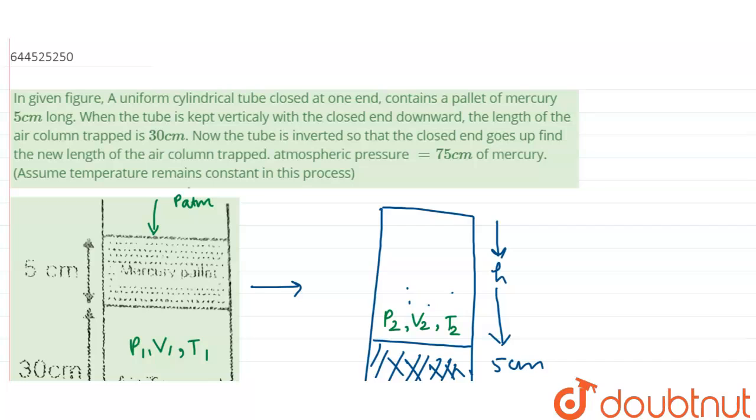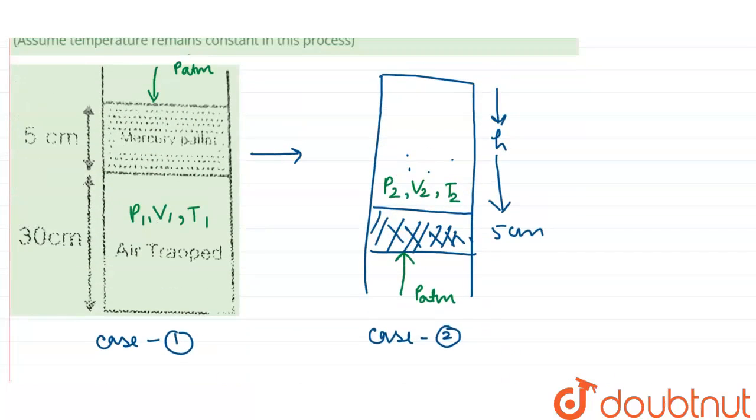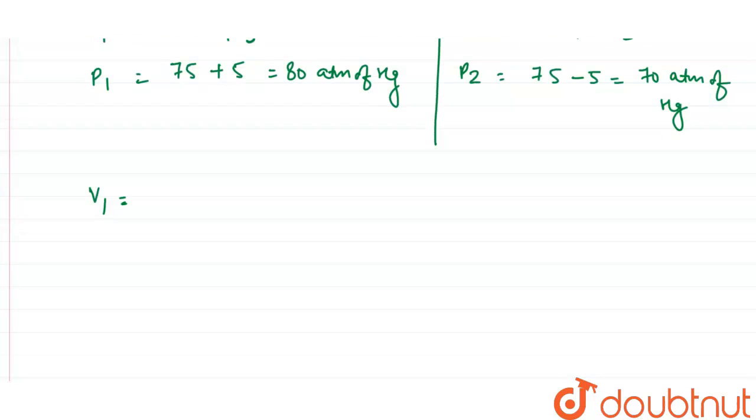For this, A into 30, and for this A into X, because we have to find out this height H. So the volume in case first is area A into height, that is 30 centimeter, and in case second, it is area into the height X. So V1 is A into 30, and for case second, V2 equals A into H, and we have to find out H.